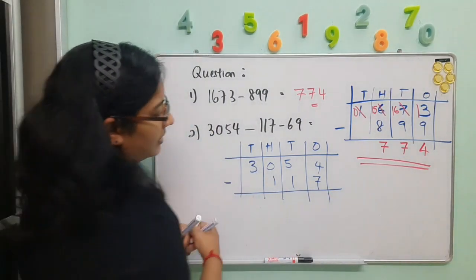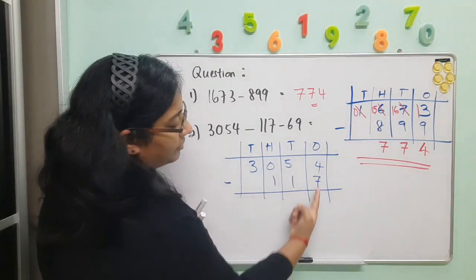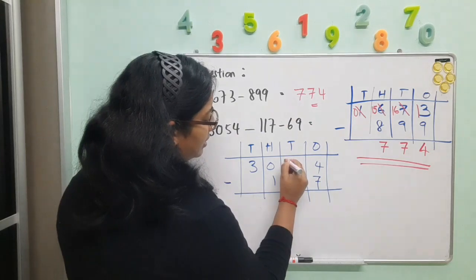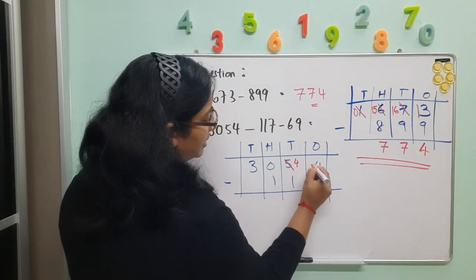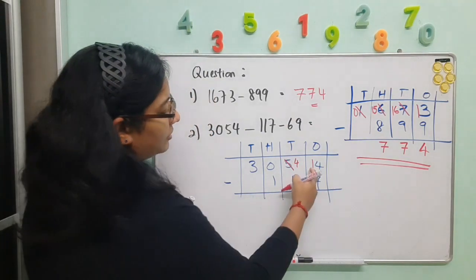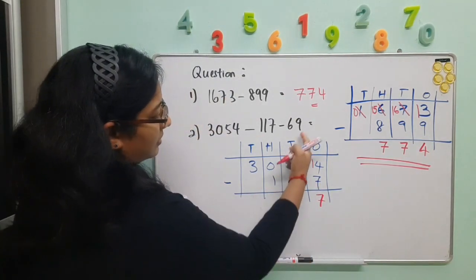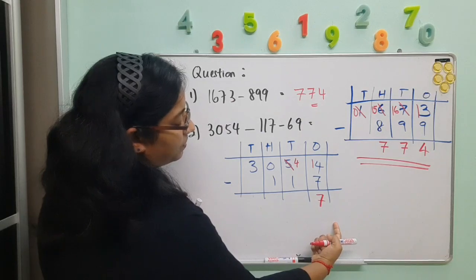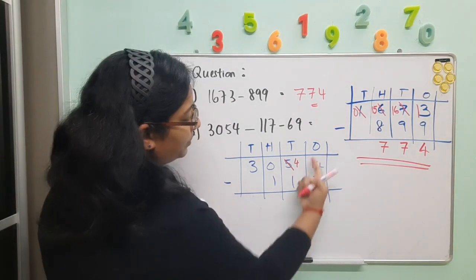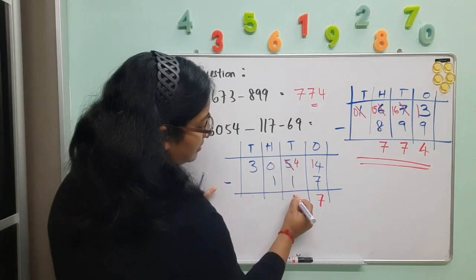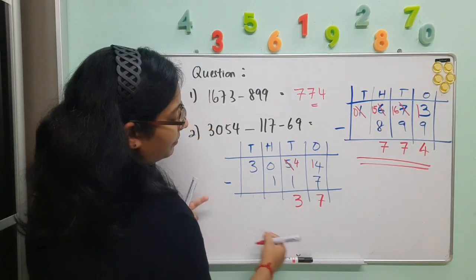Okay. So 4 minus 7, 4 is smaller than 7. Therefore we are going to borrow from here. This becomes 4 and this becomes 14. So 14 minus 7 is 7. So we are done with the ones place value. Move on to tens. So 4 minus 1 is directly 3.